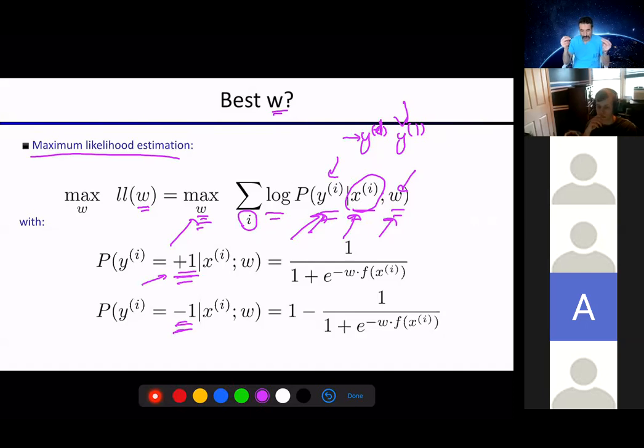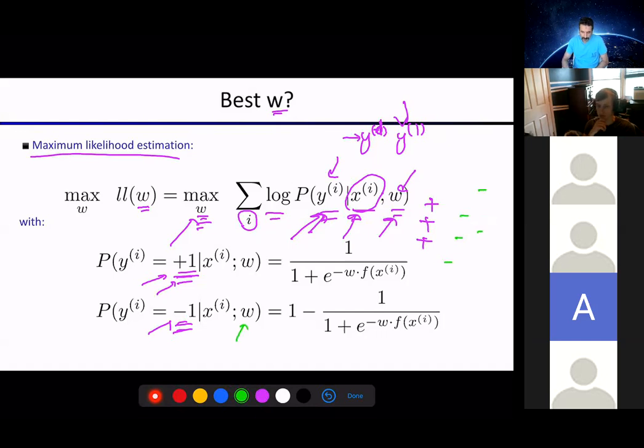So for each example, your conditional probability distribution has two values: the probability for the +1 class and the probability for the -1 class. One positive, one negative. You want to find the weights.